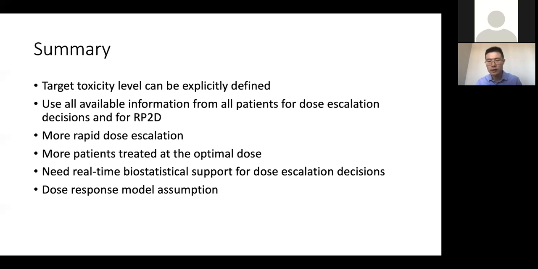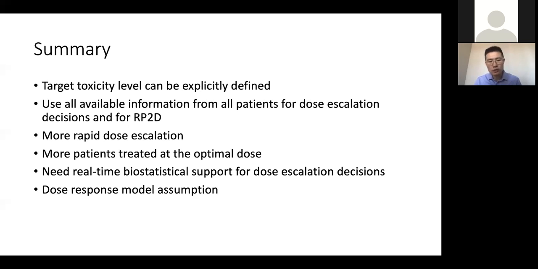I personally think it's a good thing because it won't take long for us, biostatisticians, to provide you the dose escalation decisions after we have this algorithm set up. And also we can help check your safety data each time and monitor the trial continuously.